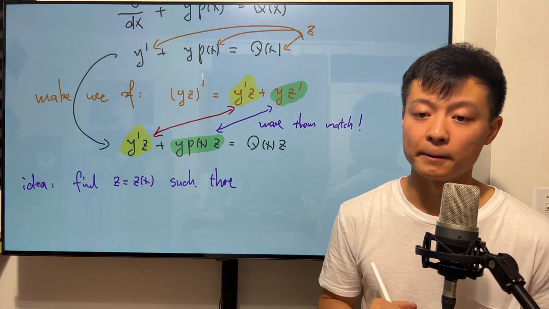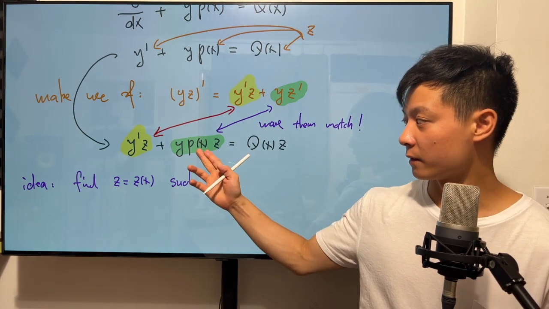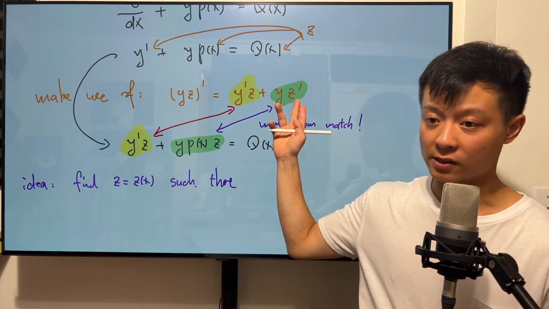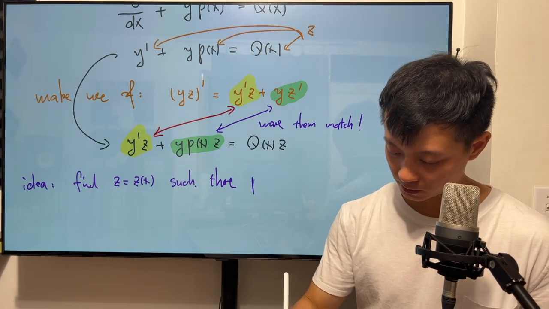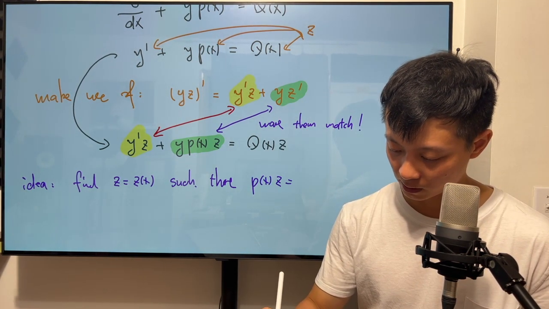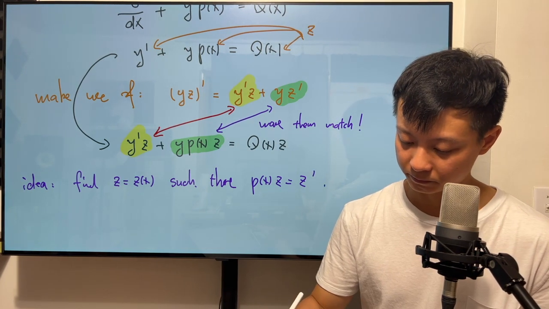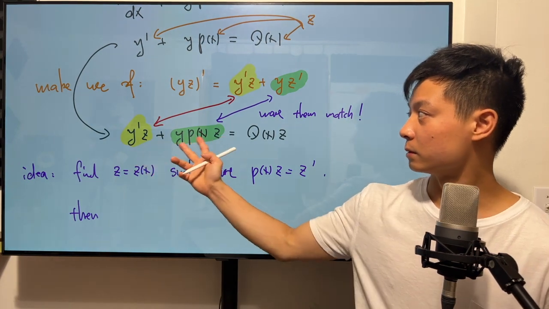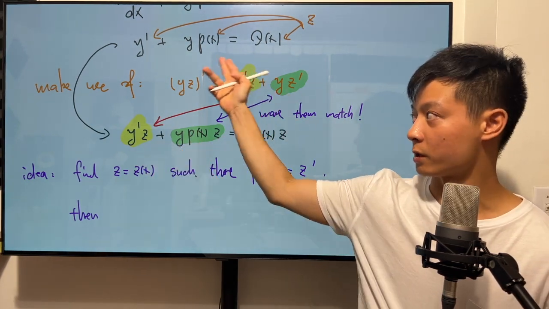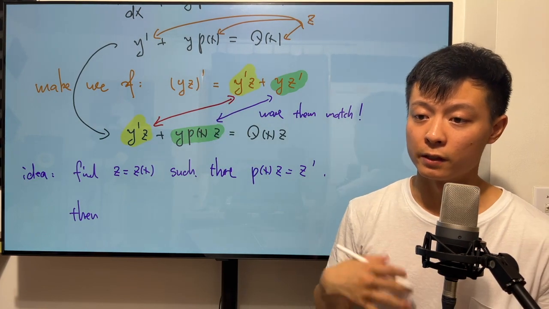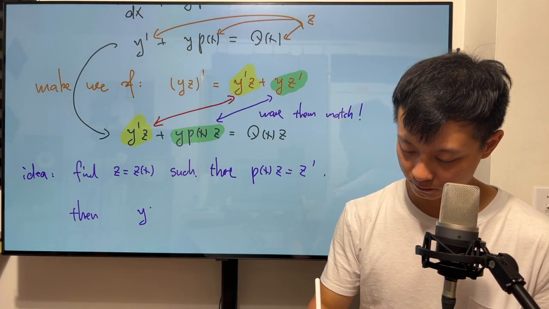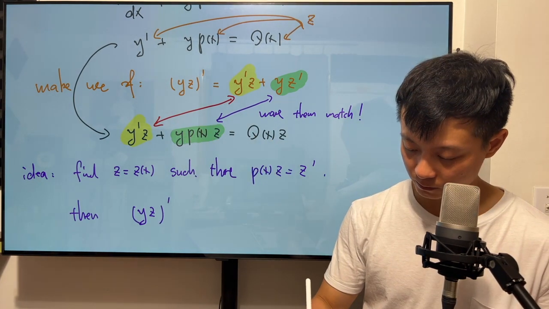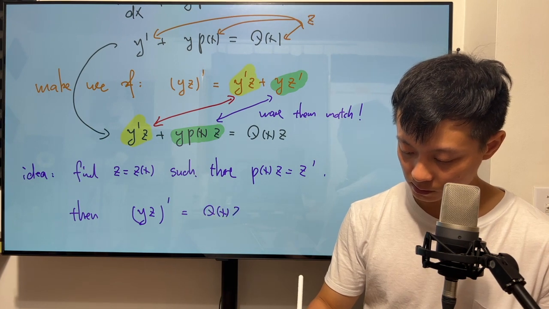What does it mean by they look the same? It means that we will have to have p(x) times z equals exactly z'. And therefore, our left-hand side will equal that, which can be transformed into this derivative of the product, right? And that's going to be equal to our original right-hand side, which is q(x) z.